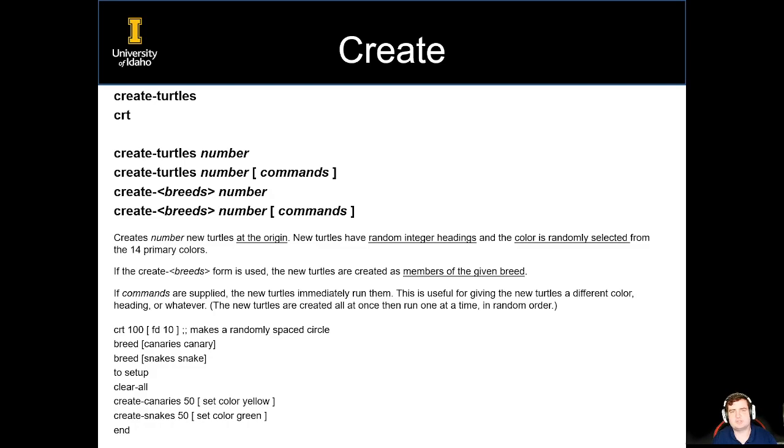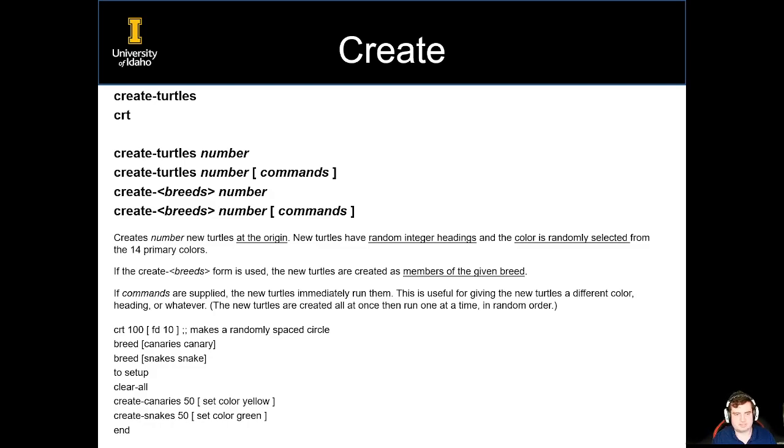This is the definition from their dictionary, so this is just something that you can look at. It creates a number of new turtles at the origin. They have random integer headings, and the color is randomly selected. If they use the breed, then it's a member of the given breed. So if you create wolves, they're not going to be sheep, right?